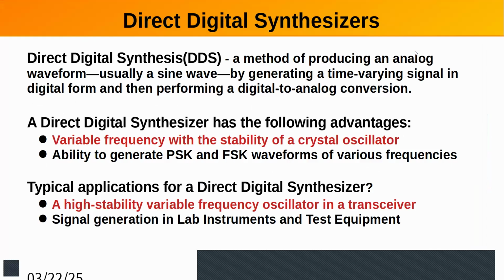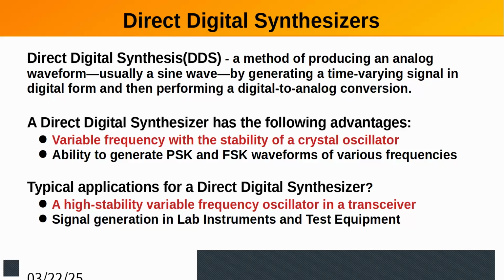Okay, direct digital synthesizers, where normally we use a crystal oscillator, and then we have some divider circuits so that you can essentially generate any waveform, any frequency you want by the ratio of the two dividers, one in the output circuit.